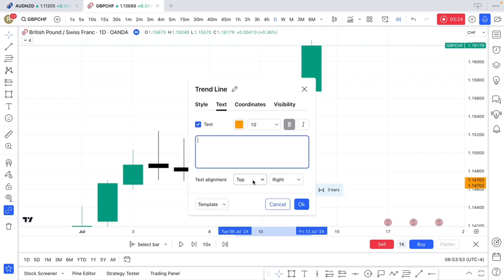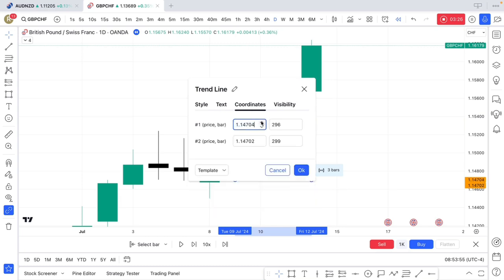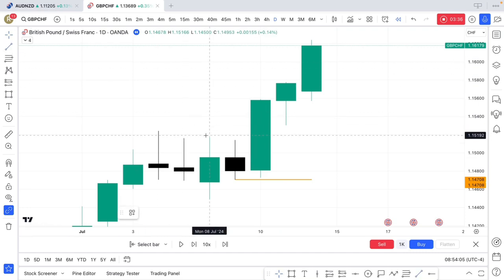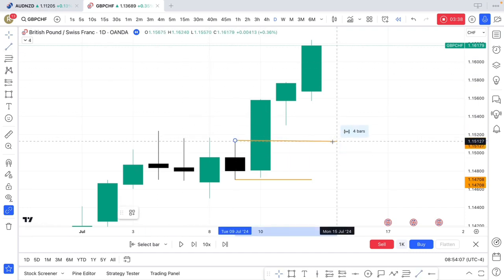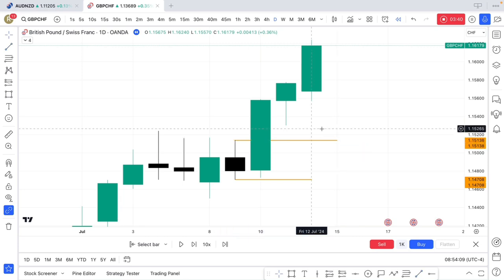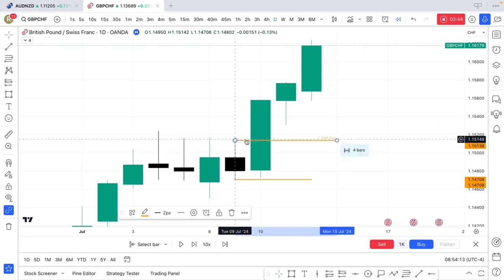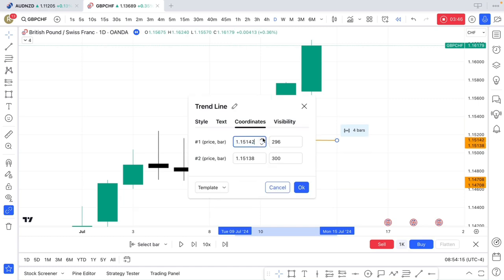14708. This one becomes the 14708, and then this becomes your high, 15166.